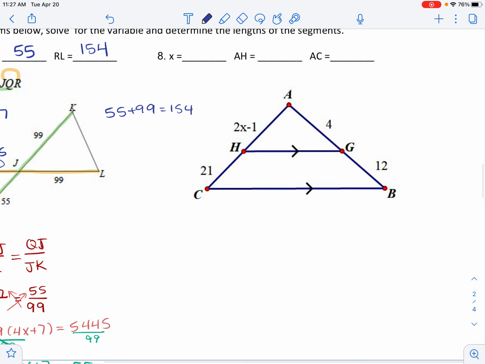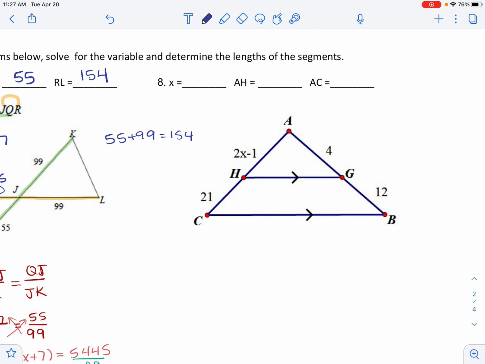All right. In question 8, rather than having a similarity statement, we have, again, one of those proportional triangles with parallel lines. And so I can actually use that to set up my proportion. I'm going to go AH over HC equals AG over GB.